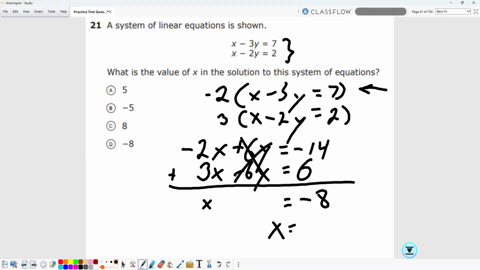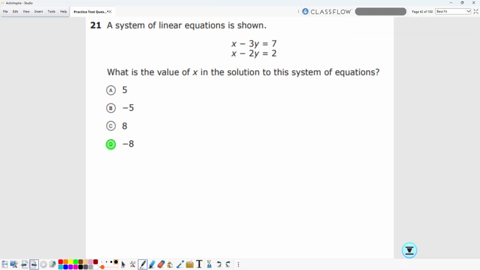So x equals negative 8. And if I look over my answer choices, my choice is D. So let's double check our work. And the answer is indeed negative 8.